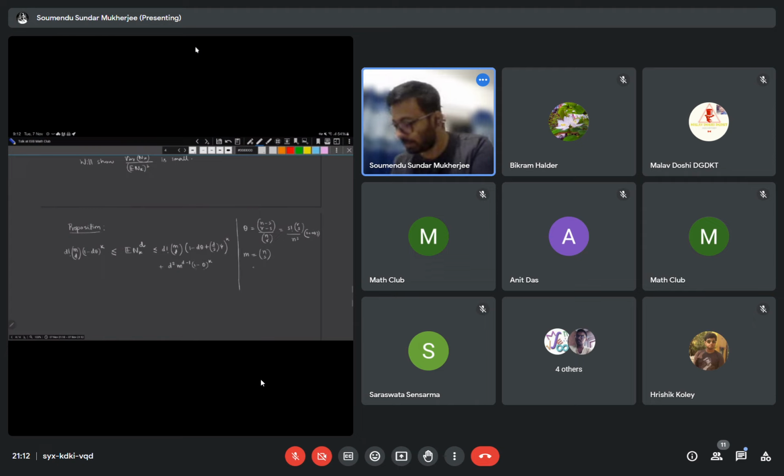What is psi? Psi has an explicit form: psi is r to the power r, n to the power minus s minus 2, divided by the factorial of the max of r minus 2s and 0.